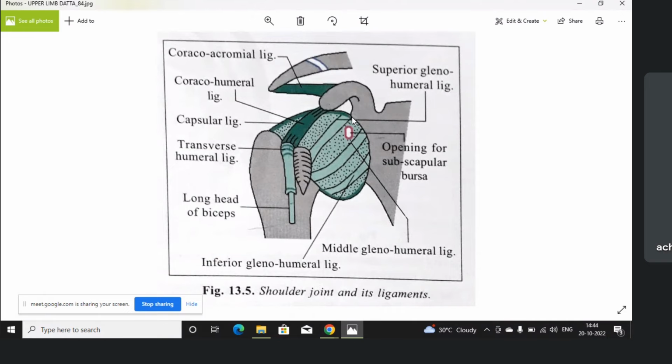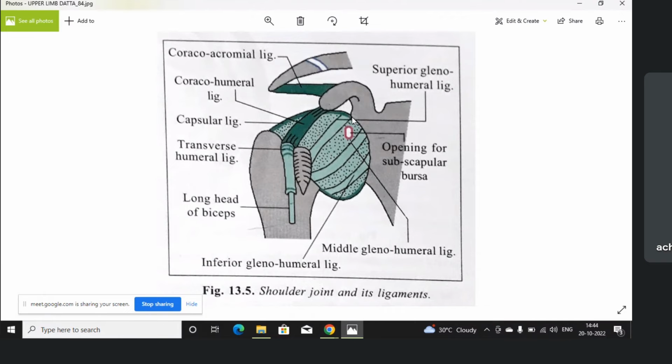This joint cavity is lined by the synovial membrane.